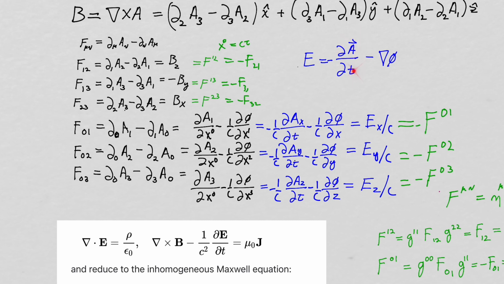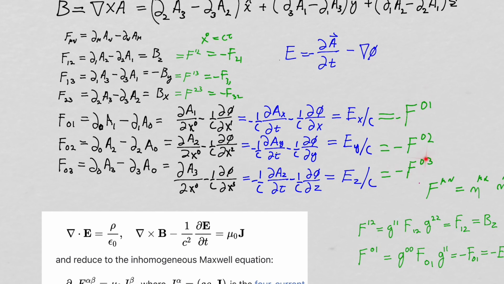If it was dA/dx0, you would have to include another factor of c in this definition, but we don't. So here you can see if I pull the c over here, I get the definition of the x component of E from our vector equation that connects the electric field to the scalar potential and the vector potential. So that's good. And we do that for all three of them, and we get Ex, Ey, and Ez.